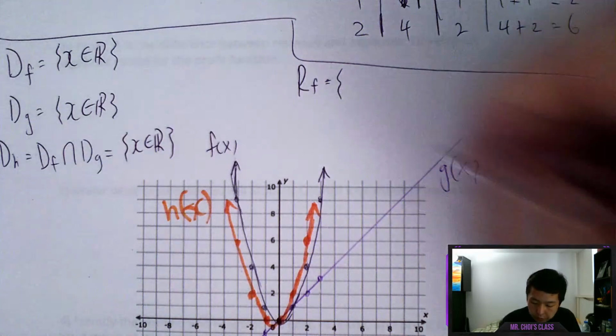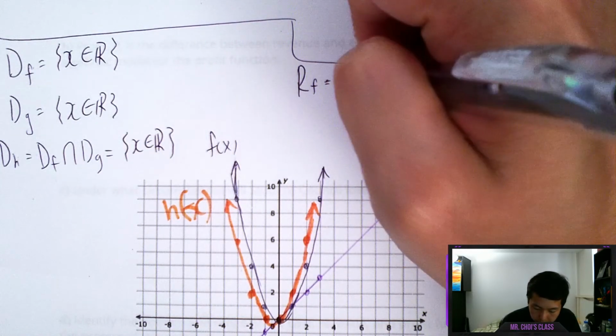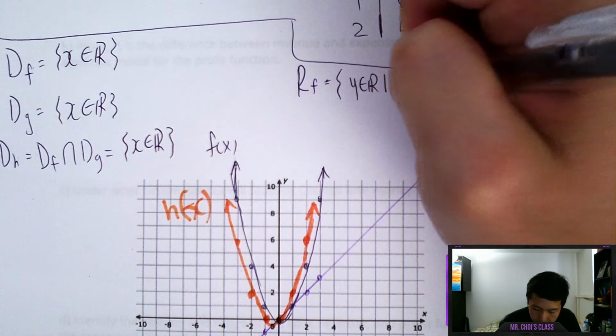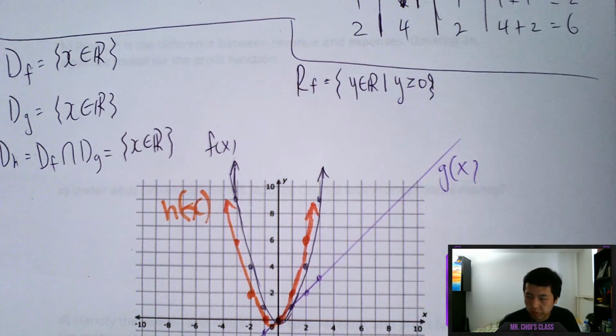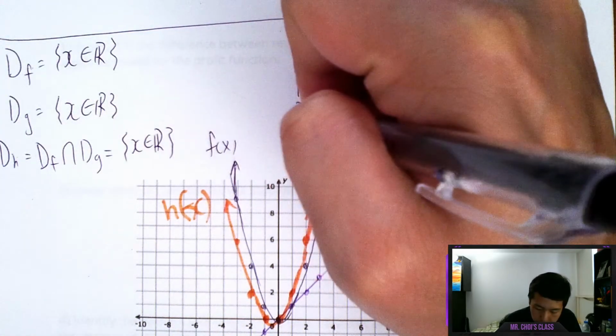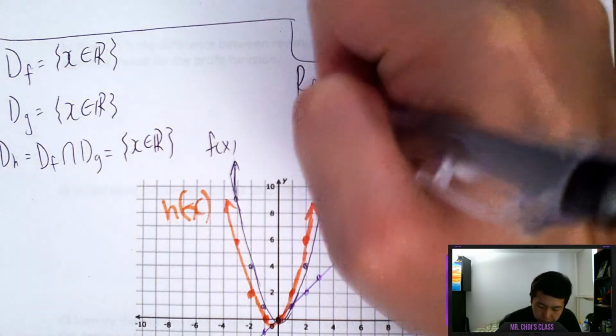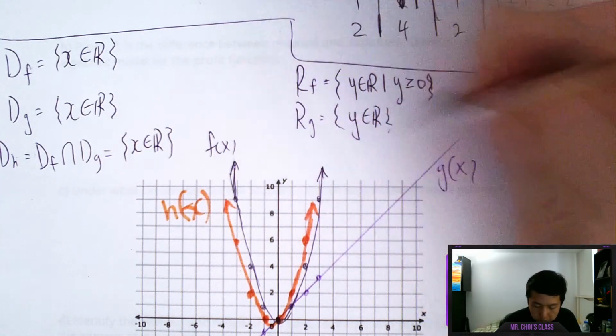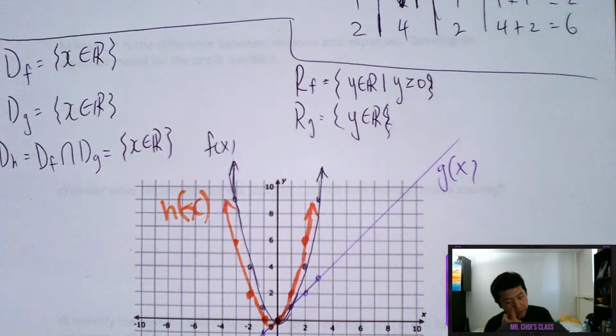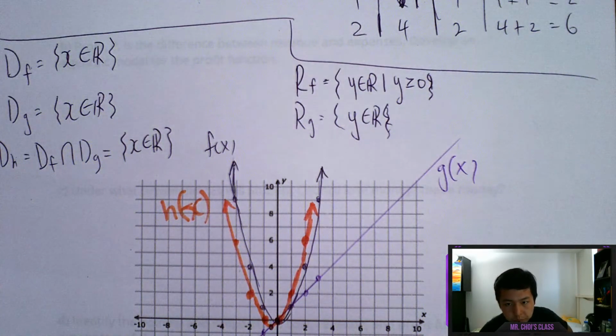The range of f is y is any real number such that y is greater than or equal to 0. The range of g is y is any real number. Okay? So we have that.